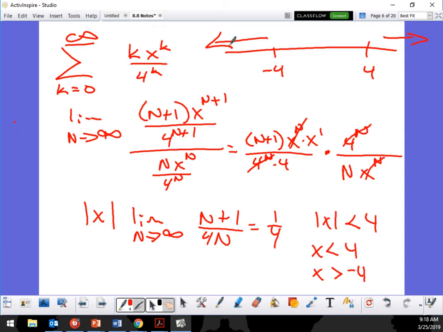So my radius of convergence, capital R, is going to equal 4, and it's going to converge from any point in here. Any point inside there, it is going to converge. Outside of those, it's always going to diverge.